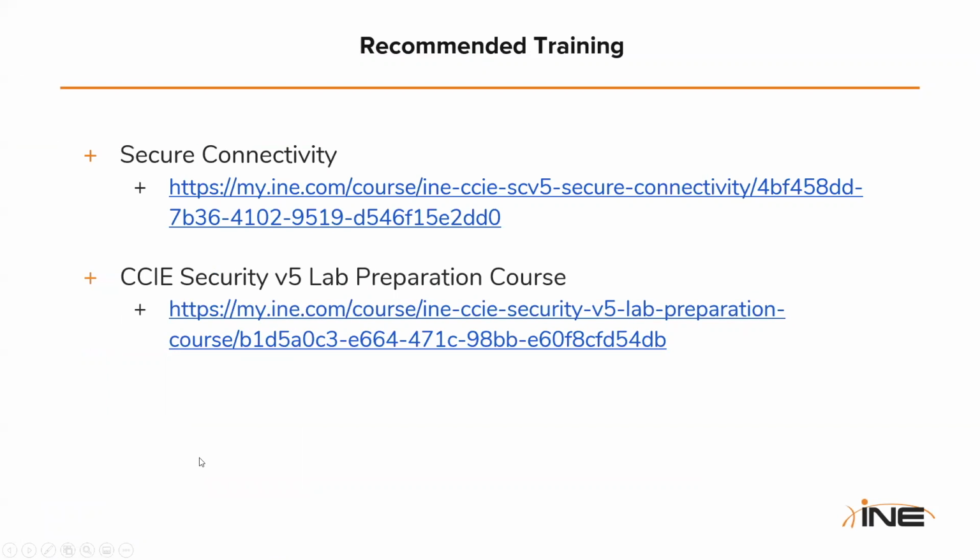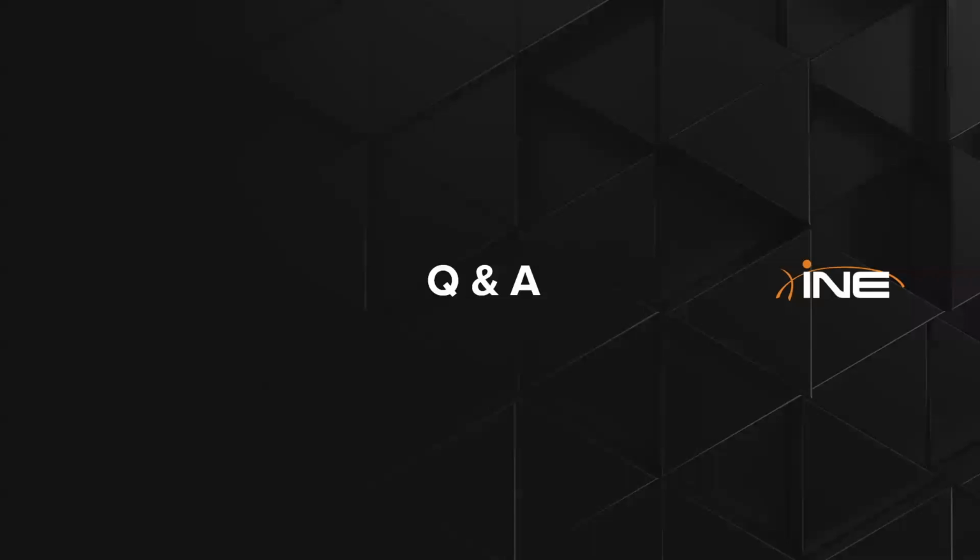Okay, these two documents, as I said, are something I would definitely want to look at to learn more about this feature. Let's see if you guys have any questions.